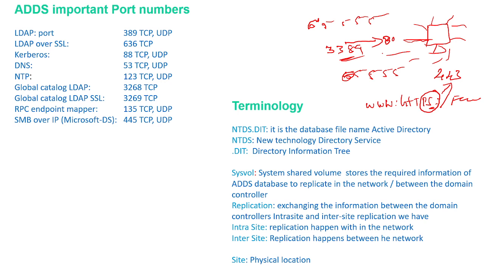NTP means Network Time Protocol. The beauty of Active Directory, you know what? Say for example, you have an environment called Microsoft.com. In that environment, if you have n number of computers, like 10 lakh computers connected to the Microsoft.com domain, Active Directory is very sincere in that.